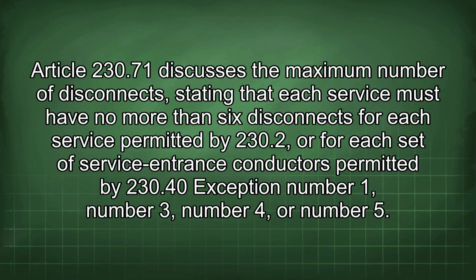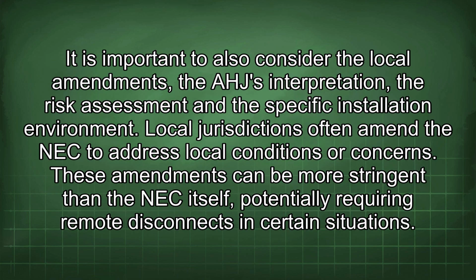Article 230.71 discusses the maximum number of disconnects, stating that each service must have no more than 6 disconnects for each service permitted by 230.2, or for each set of service entrance conductors permitted by 230.40 exception number 1, number 3, number 4, or number 5. It is important to also consider the local amendments, the AHJ interpretation, the risk assessment, and the specific installation environment.